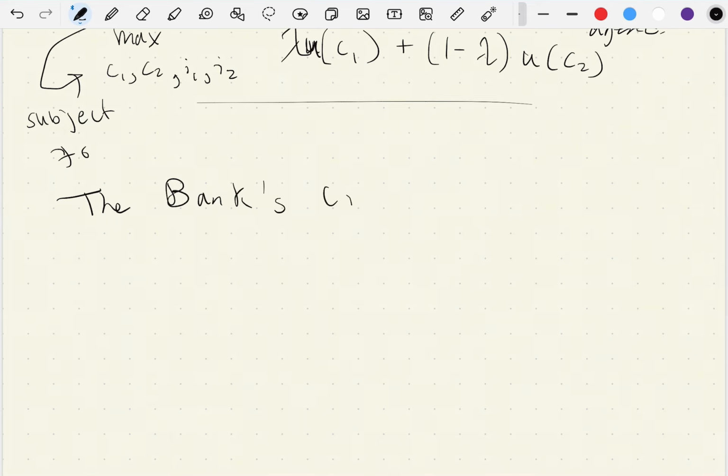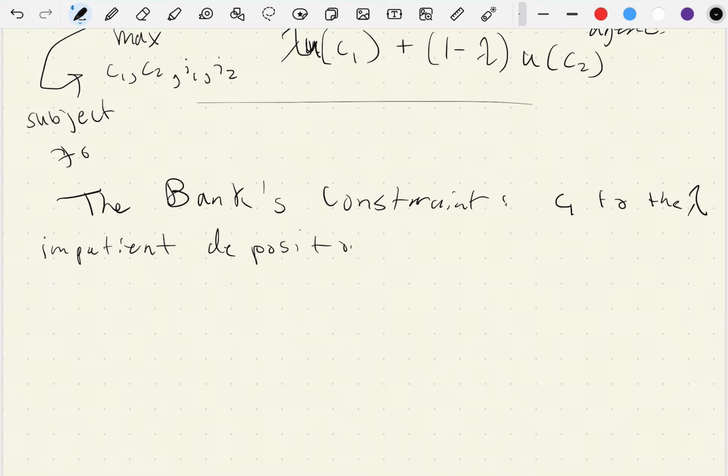And so the bank's constraint, we can derive it. By doing this, we can promise to pay C1 to the lambda impatient depositors at t equals 1.